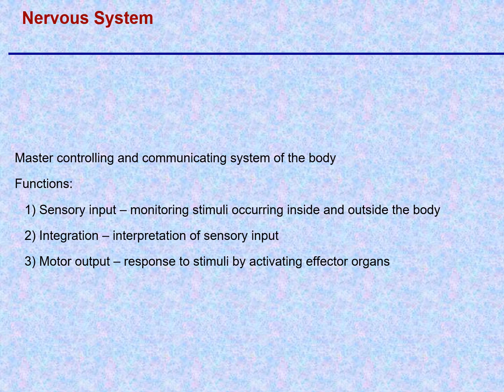Stimuli that are occurring inside the body that are monitored are the positioning of your body parts, the degree of stretching or relaxation of your muscles, blood pressure, blood pH, things like that. All of that information, all that sensory input is being collected and sent into the central nervous system.